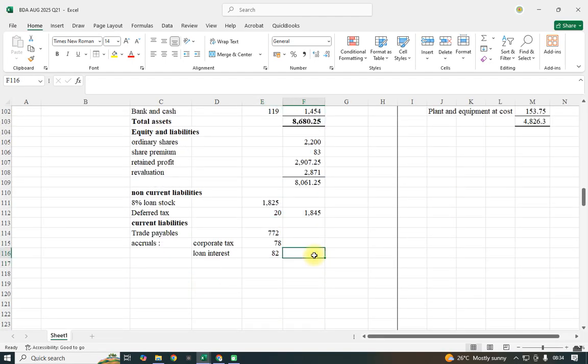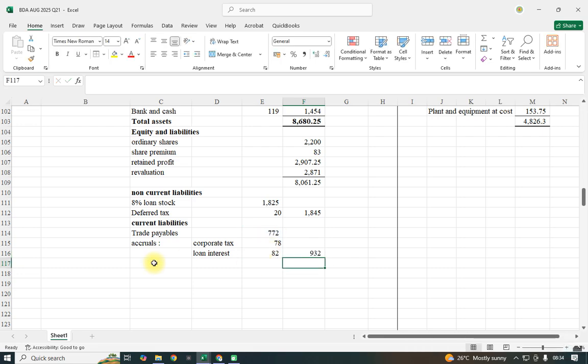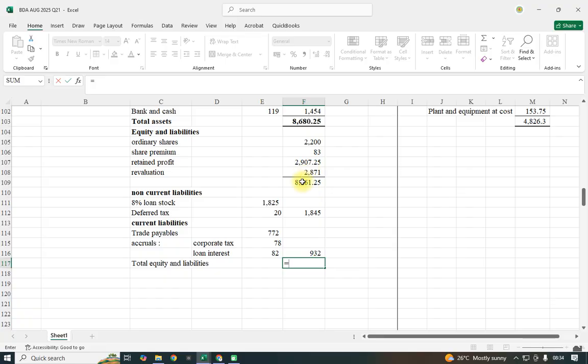Just need to get the total for this one. You get the total equity and liabilities. We shall add this plus this plus this. And we find that this is more.